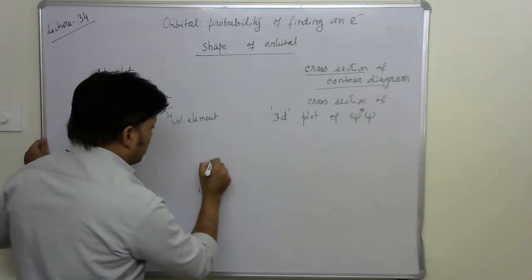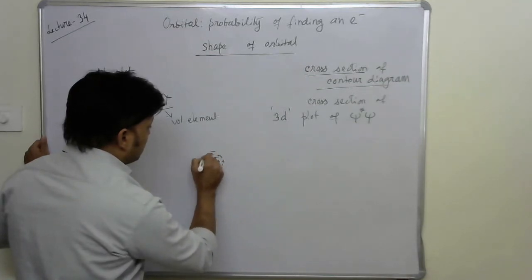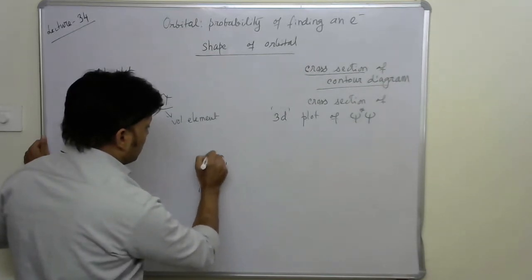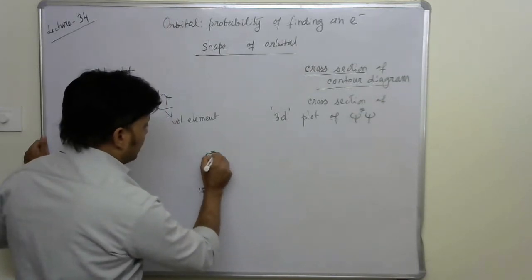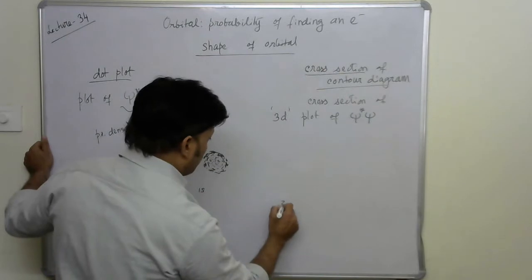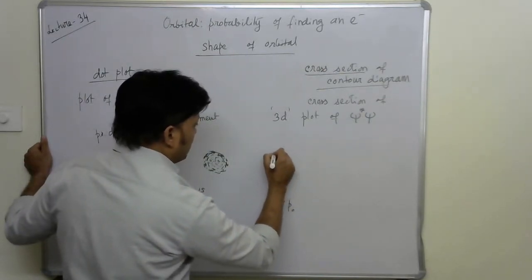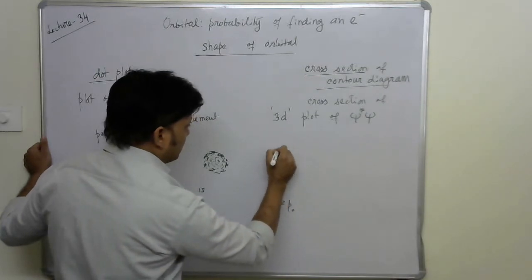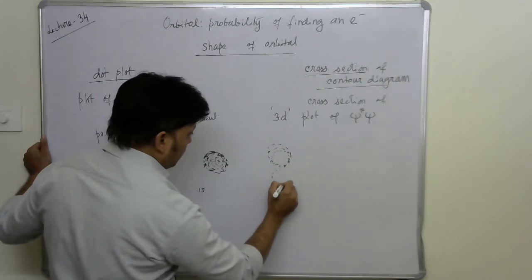The 1s orbital would give you dots like this, in all spherical 360 degrees, and that would represent the 1s orbital. And then if I draw the 2p orbital or 2p0, it would look something like this, the way I am representing it.